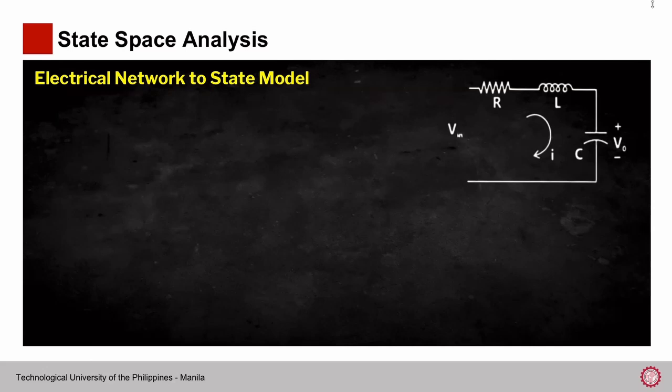For the conversion of an electrical network to a state model, of course, we have what we call state variables. The state variables are fixed. For an electrical network, the state variables are always IL, the inductor current, and VC, the capacitor voltage.